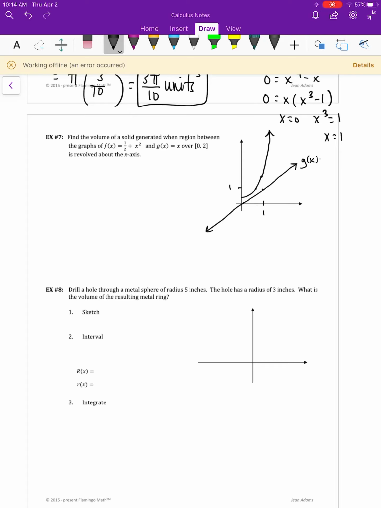This is your g of x equals x, or your y equals x. And this is your f of x equals 1/2 plus x squared.